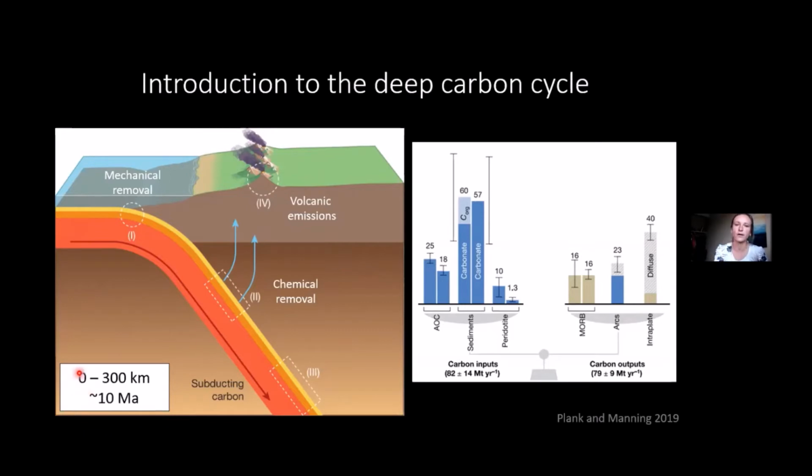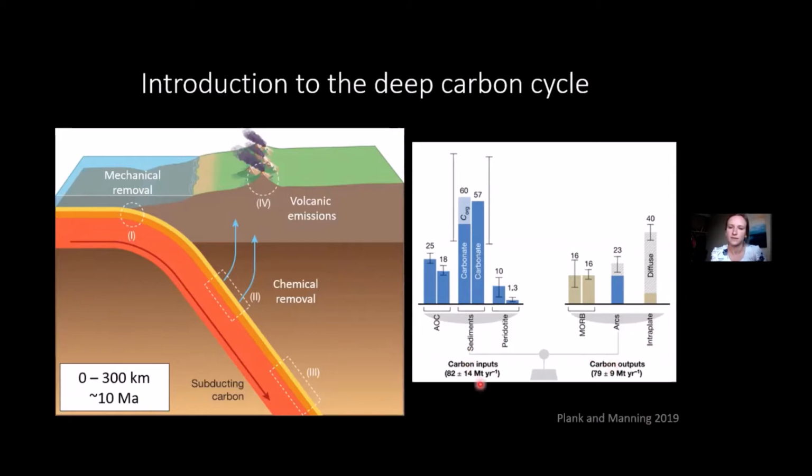For quite a while, people have been attempting to determine whether or not the cycle is actually balanced, and whether the amount of carbon you're placing into the mantle is equivalent to the amount that you are emitting at your volcanic centers.